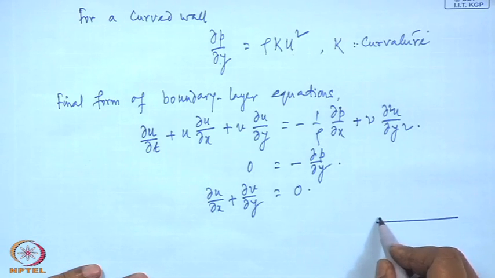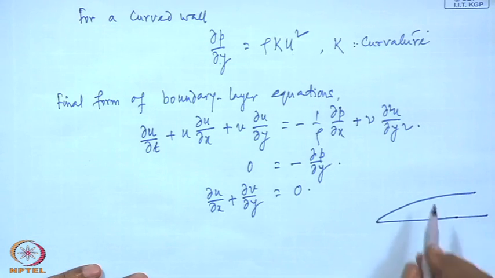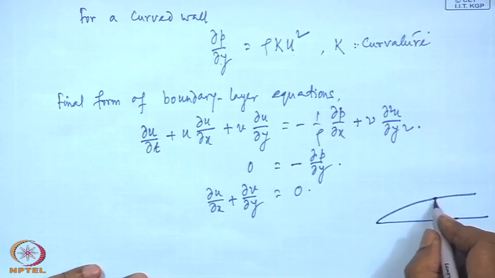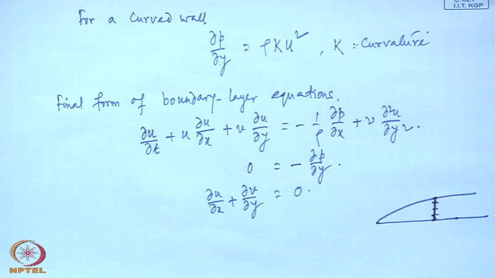Considering a simple case, say this, so this is the edge of the boundary layer, an exaggerated view. So, P is constant in this part. At any point here, here, or if we have a large number of points, at each of these points P is the same. The static pressure is the same. What will happen to the total pressure?